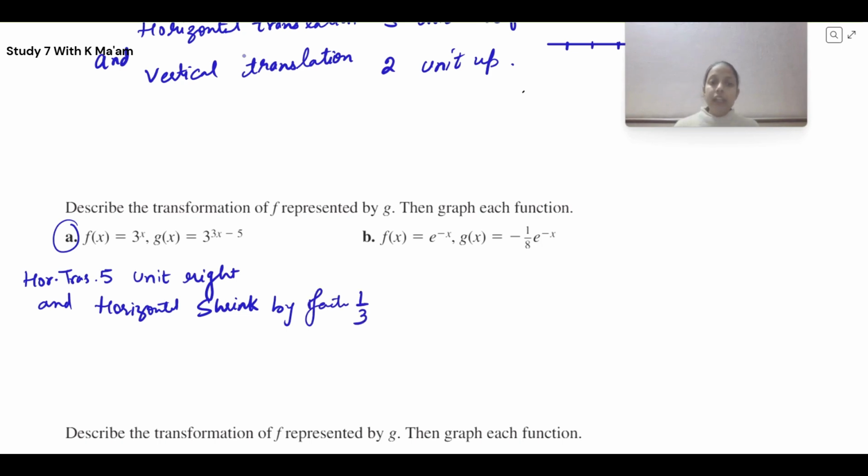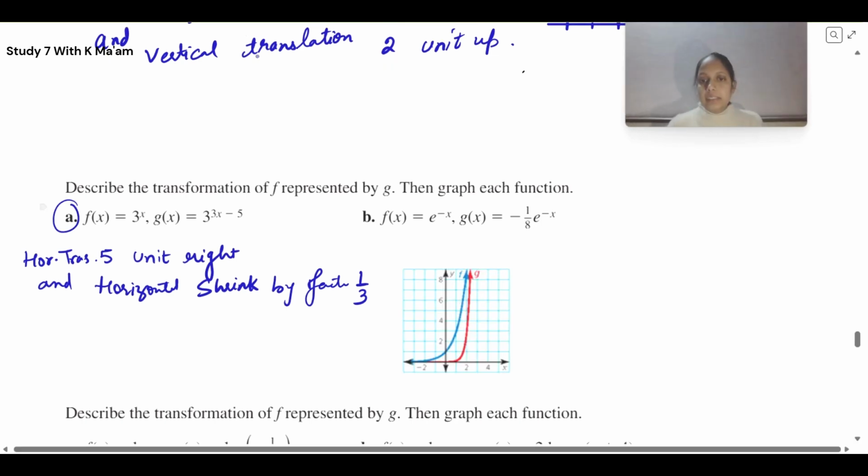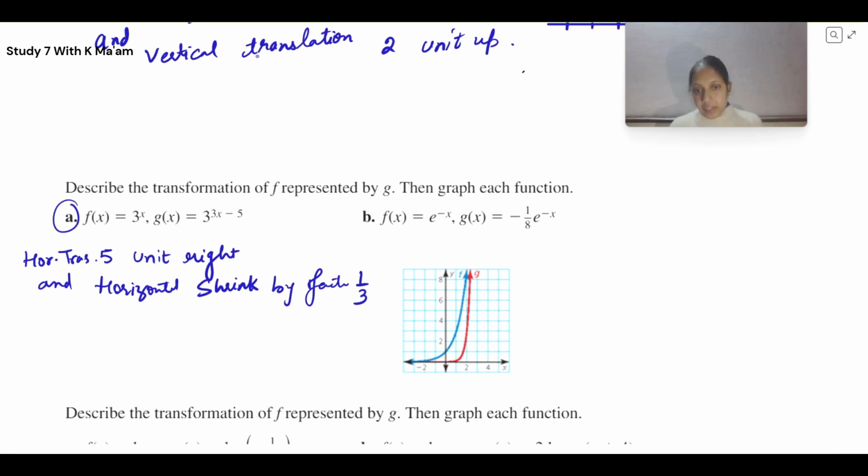We have to take the reciprocal in the case of horizontal. Here it's shifted 5 units right and then a horizontal shrink by factor 1 over 3. This is the translated graph and this is the original graph. You can see the difference. Question B, you can try yourself.